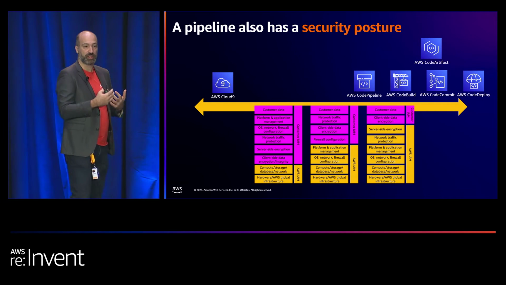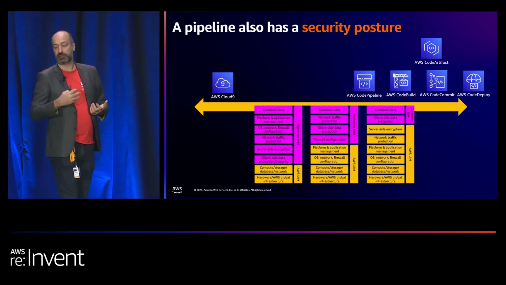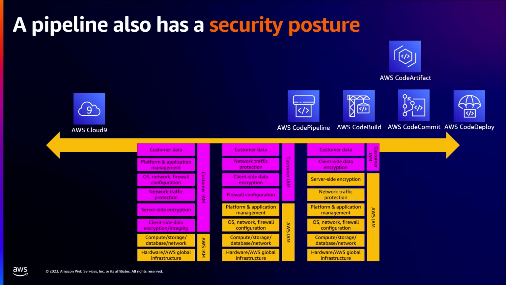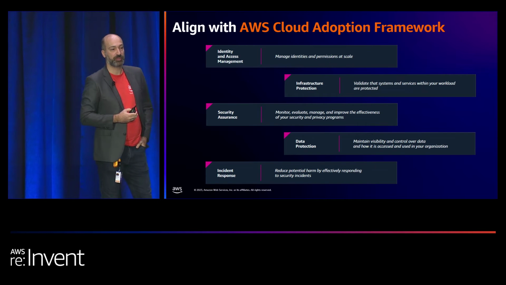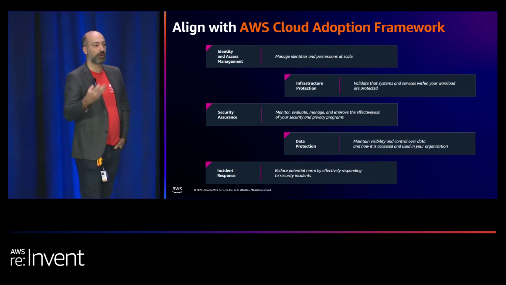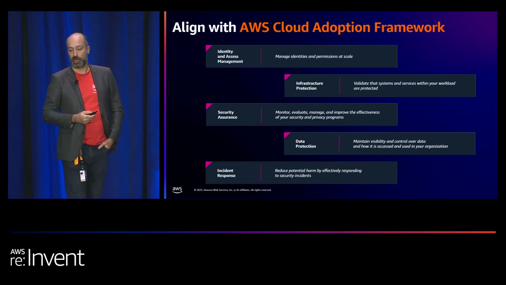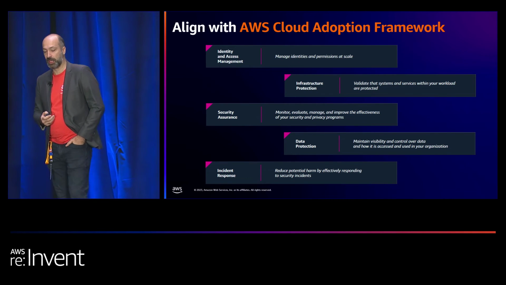Because that will change how the meta pipeline will have to interact with those. So once you understand all of that, you will be able to come back to the cloud adoption framework and tackle each of the specific chapters that will allow you to get more features for the orchestration of those different pipelines.